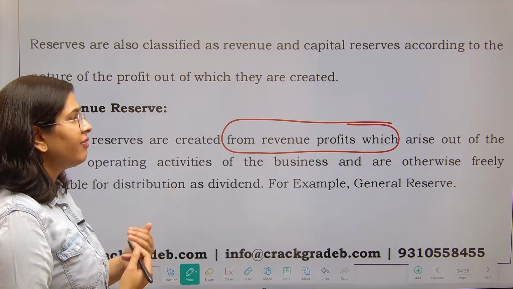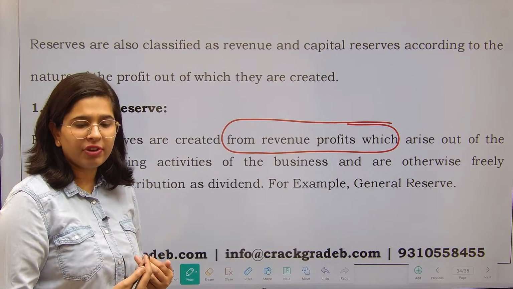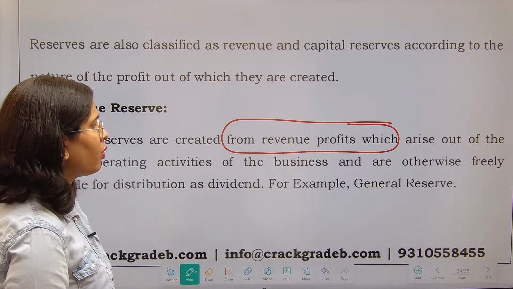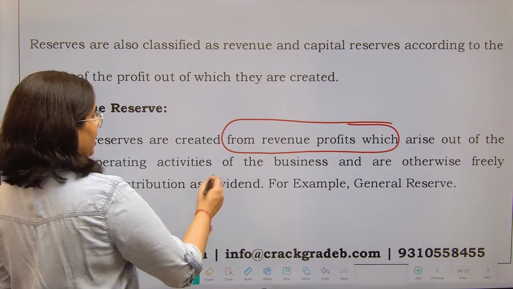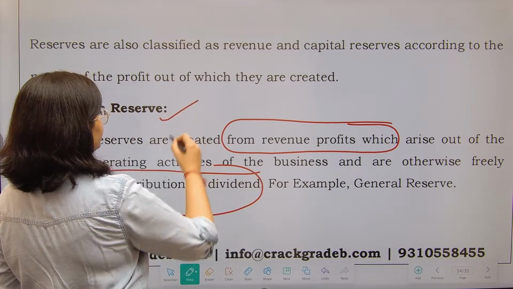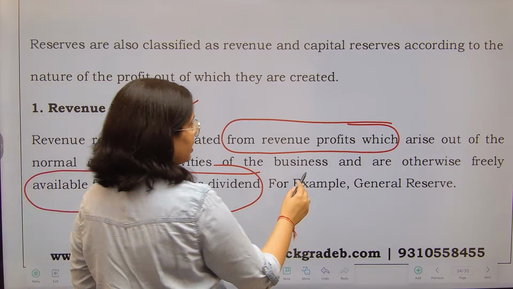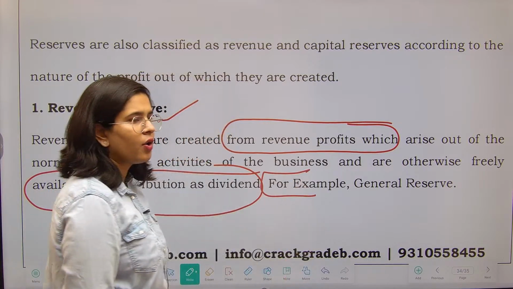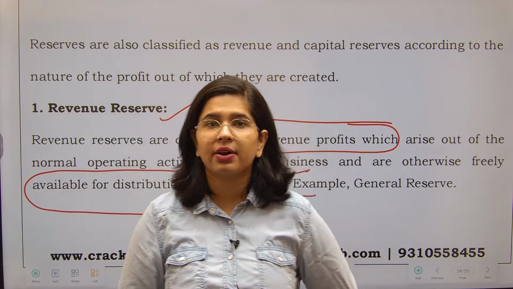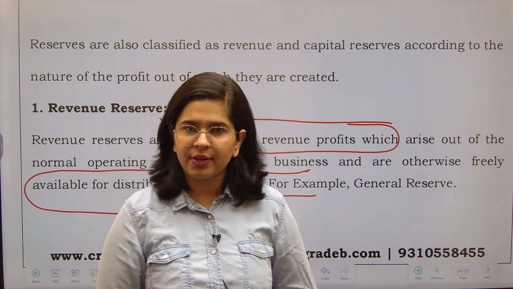If I am using revenue profit, meaning the amount that has come out of my profit and loss account, then that will be available for distribution of dividend, and it is called a revenue reserve. For example, general reserve, workmen compensation reserve, dividend equalization reserve. These are all what? Revenue reserves.